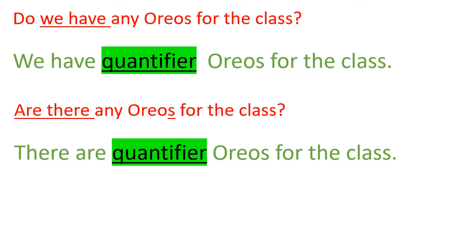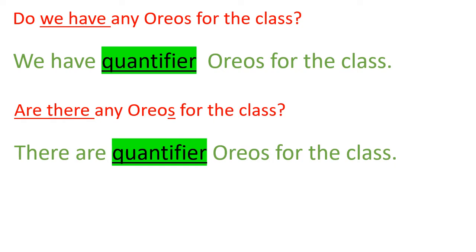So we will answer questions using quantifiers. So these 2 questions you can ask when you want to know about how many things we have or how many things there are in a situation.